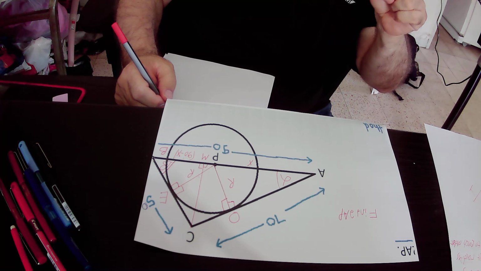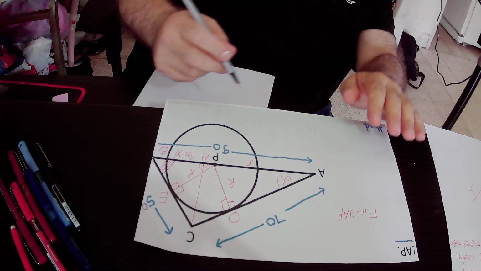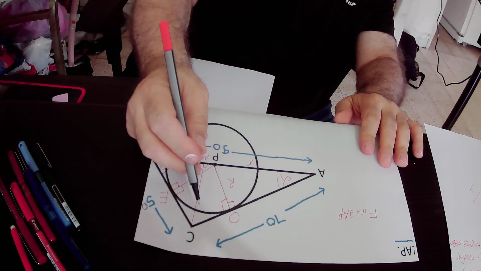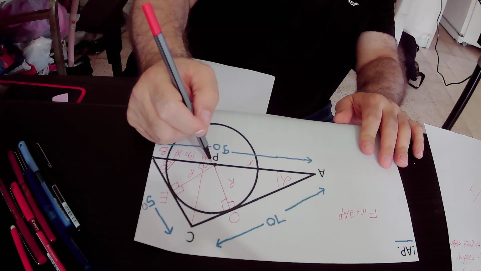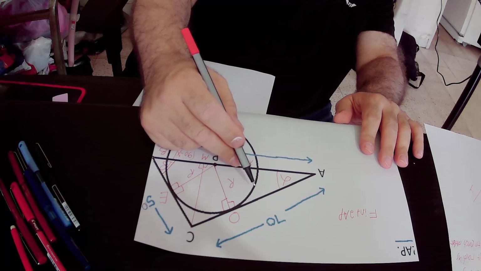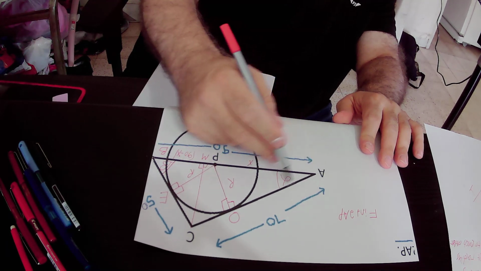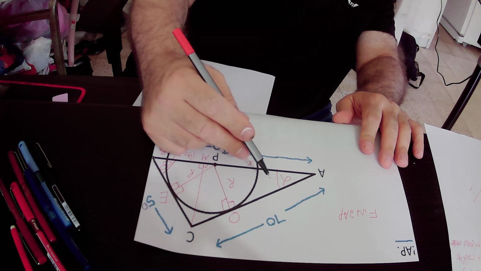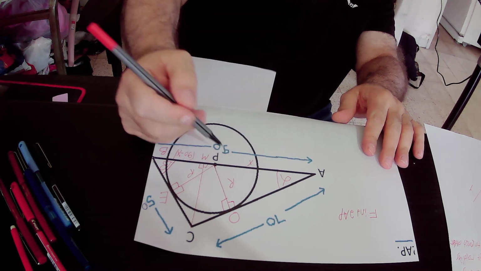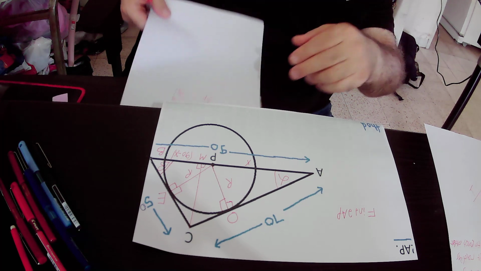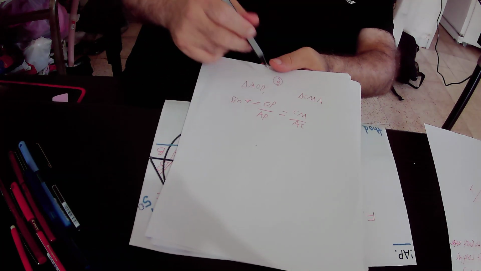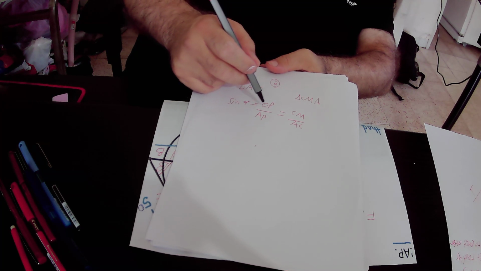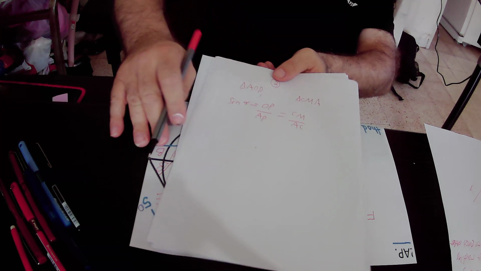Again, the hypotenuse is AC because sides CM and AM are perpendicular to each other, so the third side must be the hypotenuse of the right triangle ACM. So in total we got that sinus alpha equals OP over AP, that equals CM over AC.